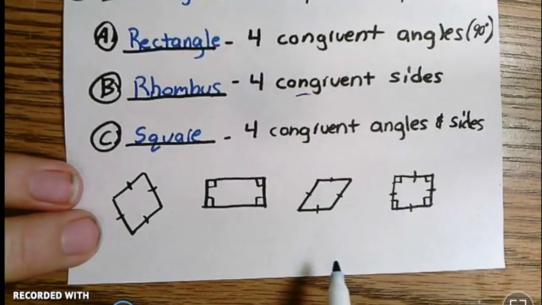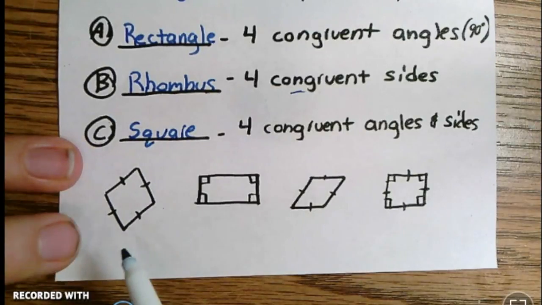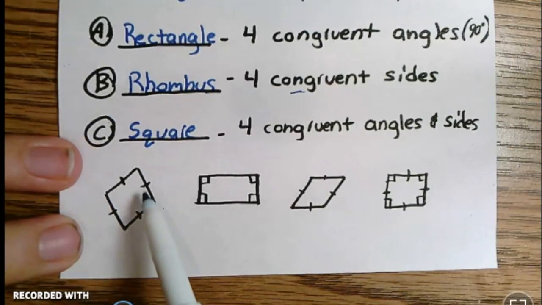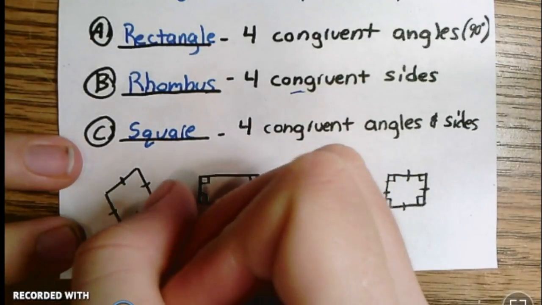So let's look at these pictures and see if we can figure out which shape they are. What about this one? Remember that when there are these little tick marks, it shows that they're the same, they're all congruent to each other. So this shape has four congruent sides. Good, so it's a rhombus.